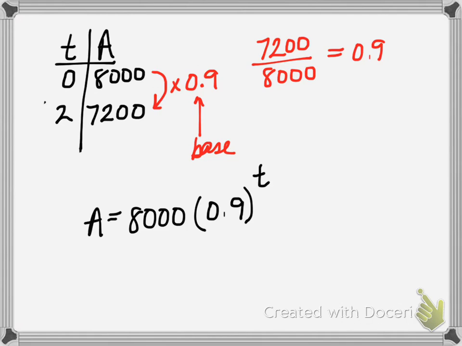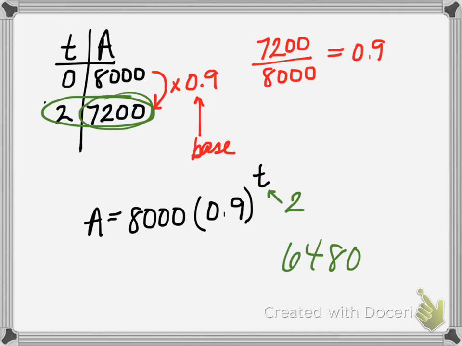Now in the past, we would have just raised it to the t power, but you're going to notice that we have a little bit of a problem here. Taking a look at the values in my table, when t is equal to 2, I want to have an output of 7,200. If I input a 2, and you could just try that on your calculator right now, 8,000 times 0.9 raised to the second power, you're going to get 6,480 people rather than 7,200 people, which is what we intended.